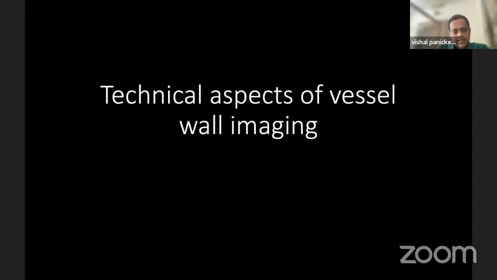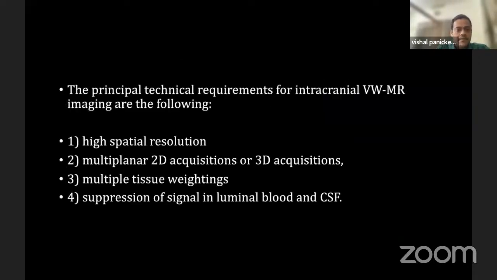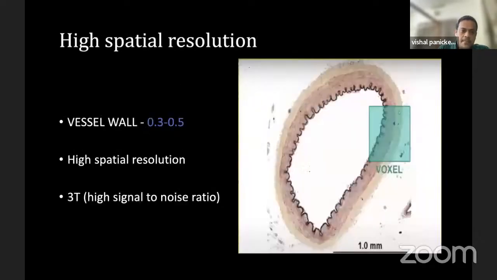Coming to the technical aspects, the principal technical requirements for intracranial vessel wall MR imaging are: a high spatial resolution image, multiplanar 2D acquisition or 3D acquisition, multiple tissue weighting, and suppression of the signal in luminal blood and CSF.